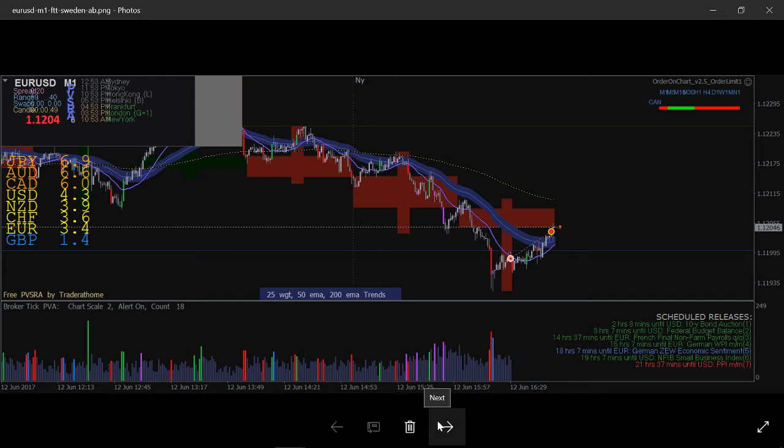Let's look at the next example. And by the way, for this particular trade, I remember that PA went all the way up to the next key level here.